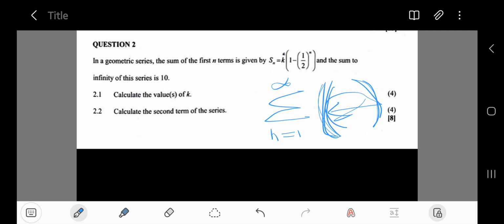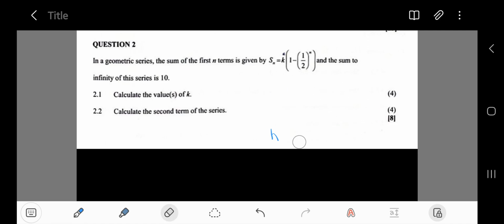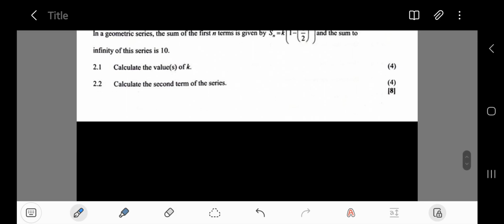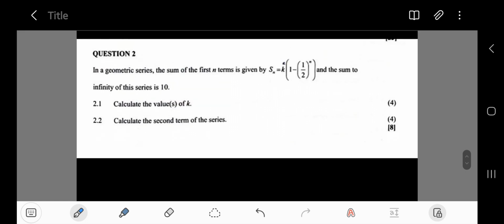But in this case, we were not given the formula to get the terms. Instead, we were given the sum formula. So we cannot replace n with 1 and then n with 2 and simply get the terms, because this is the sum formula. It's not sigma, but it's kind of the same thing. But okay, this is how we do 2.1.